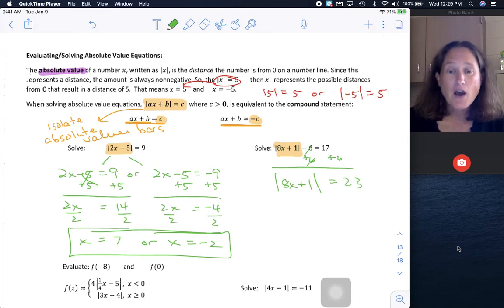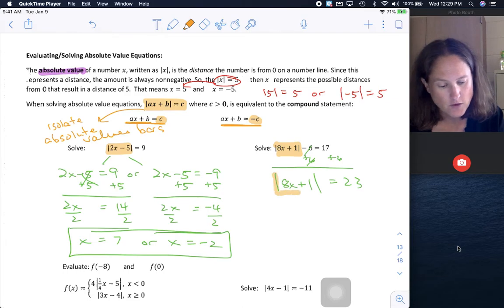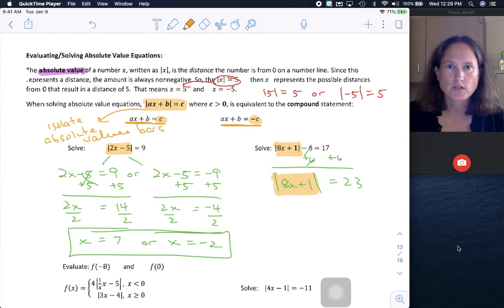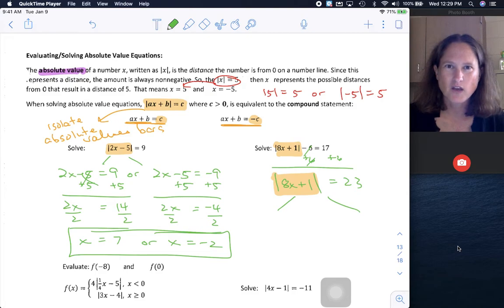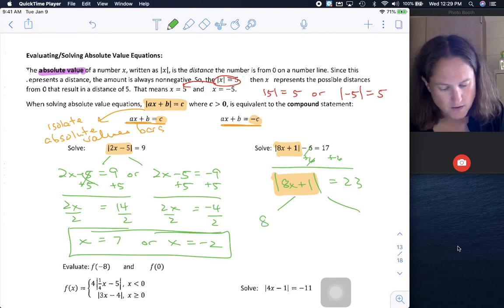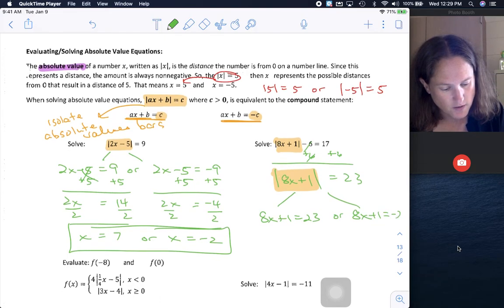Okay. Now, since I have the absolute value bar isolated, I'm going to set up my 2 solutions, either the positive or the negative. I like the arms there, so I can see that I'm doing both, but you don't have to write them if you don't want to. So I'm going to set up 8x plus 1 is equal to 23, or 8x plus 1 is equal to negative 23.